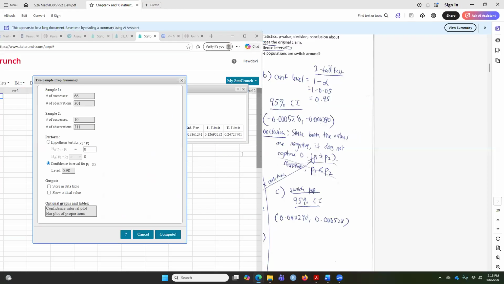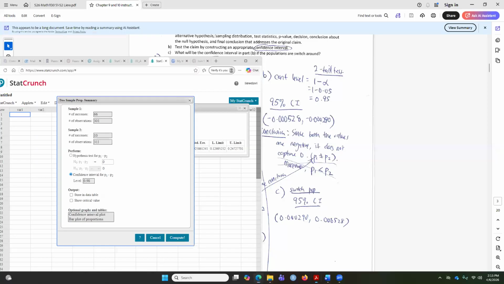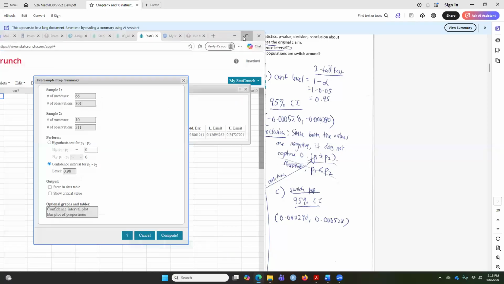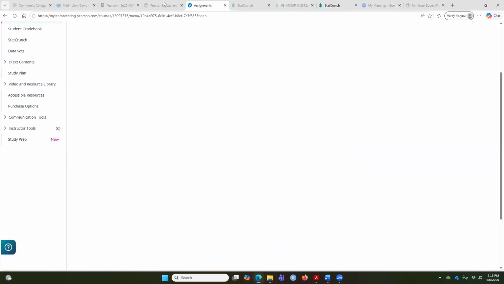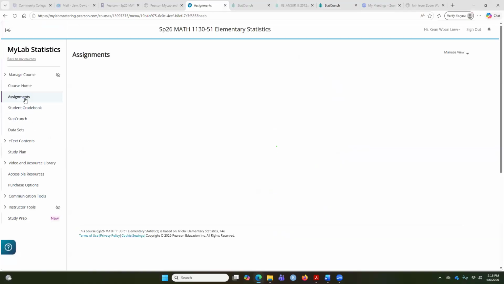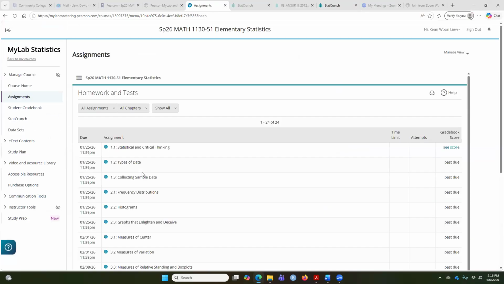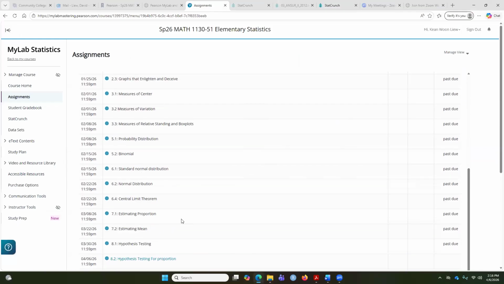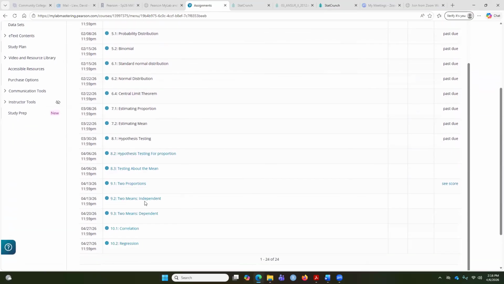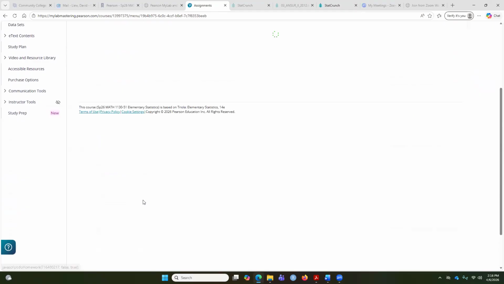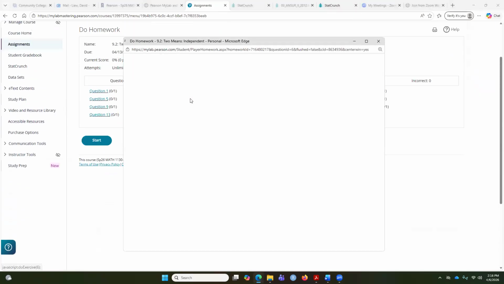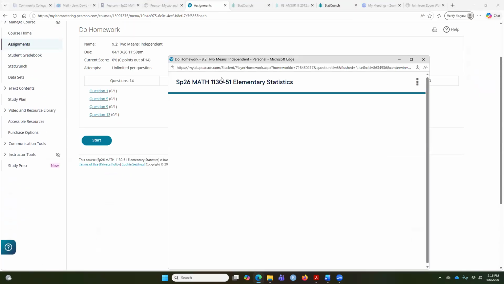In the 9.2 homework, we are doing what we call two means, independent. So in order for you to do that in your StatCrunch, you will have 2 choices.